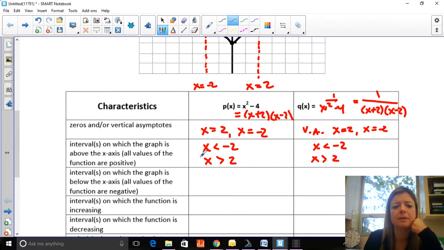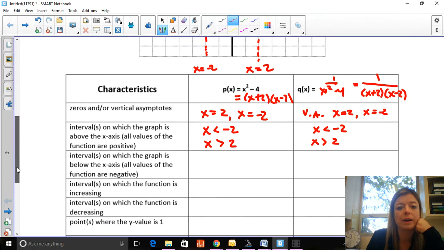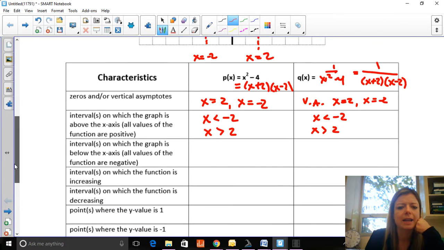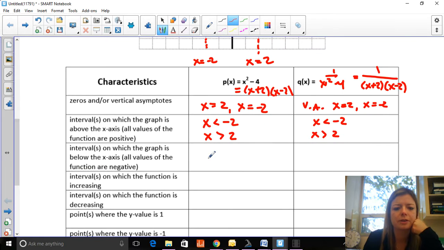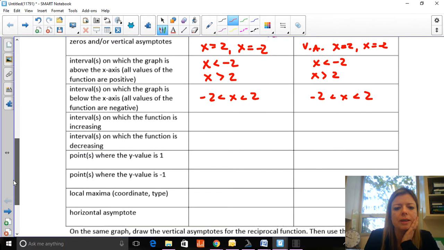That makes sense, right? Because if y is positive, 1 over y is also positive. It's negative between negative 2 and 2, so my reciprocal will also be negative between negative 2 and 2, because if y is negative, 1 over y is also negative.